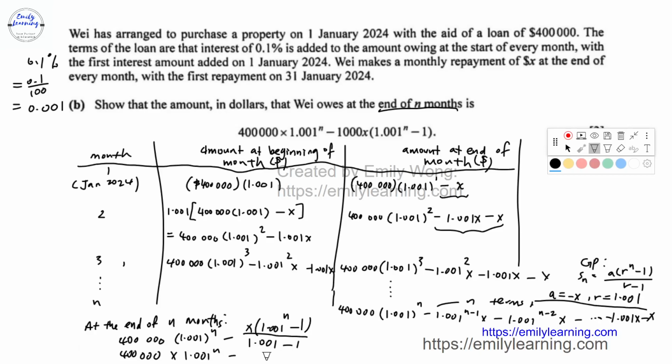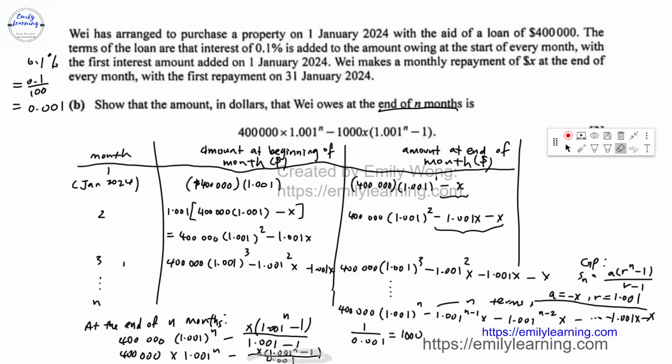And this, something over 0.001, is basically 1 over 0.001, which is equal to 1,000. So I'll just change this to 1,000.